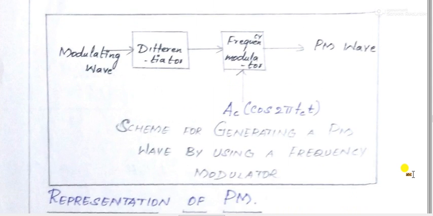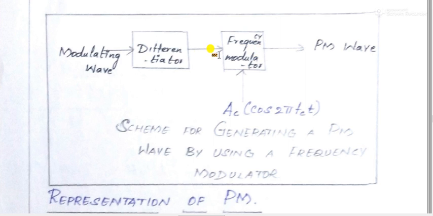And this is the generation of phase modulation. Just recall the frequency modulation scheme. Instead of the differentiator, there was an integrator in the FM generation scheme, and instead of the frequency modulator, there was a phase modulator in the FM generation.